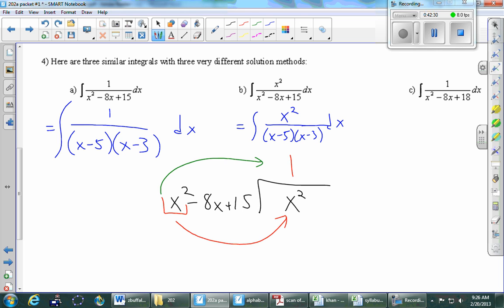So this one is x squared over x squared. And just so we see where the pieces were, it was the outside one going into the inside one. It turns out you only need to divide the first term when you do the division, and then the 8x and 15 will come into play in the next step in this process.